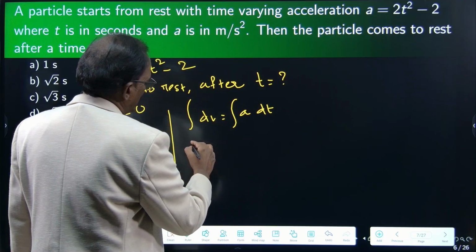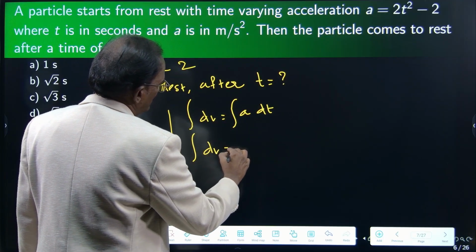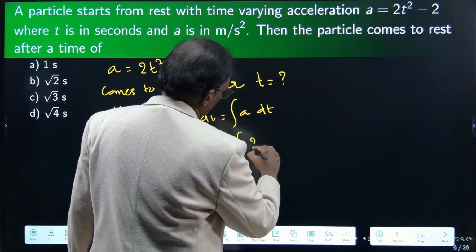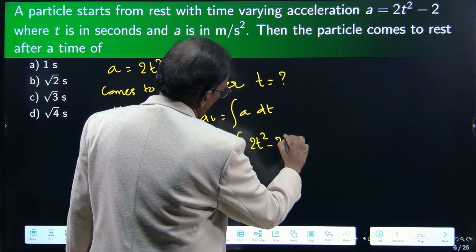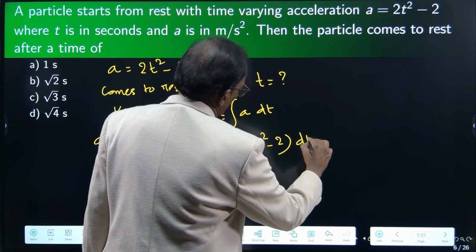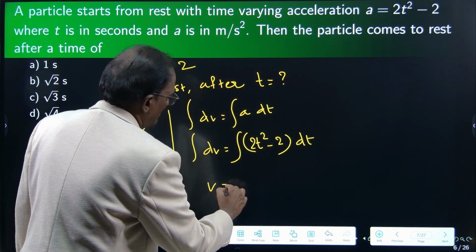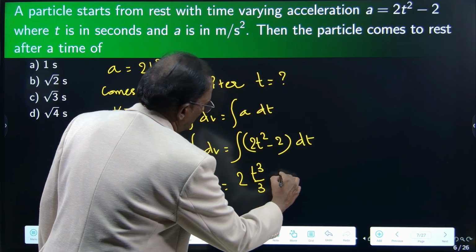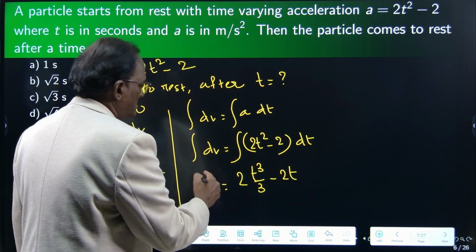Both sides are integrated. Integral of dv is equal to integral of a, which is 2t square minus 2, dt. So this will be v, 2 is constant, t cube by 3 minus 2t. So this is velocity.